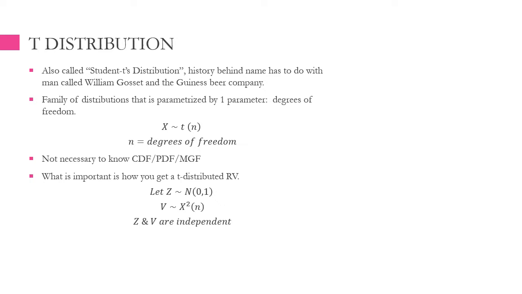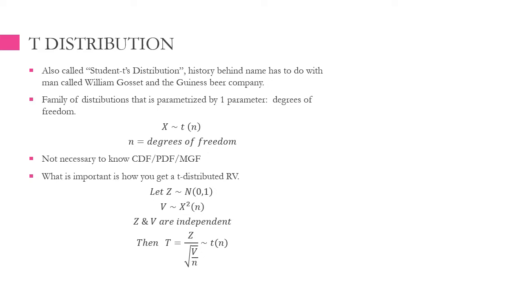What you do is you take Z and you divide it by the square root of V divided by the number of degrees of freedom that V has. So if T is equal to Z over the square root of V over n, then this combination that we have is a t-distribution.